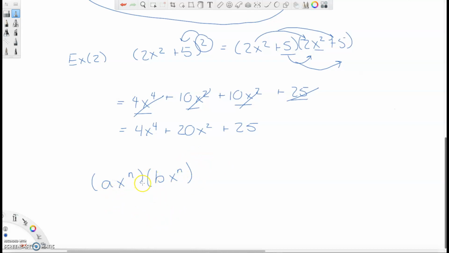They can be 2, they can be 4, they can be anything you want. So when you write this multiplication out, you do it part by part. First thing I'm going to do is write a times b. After that, I'm going to write my variable x, and then I'm going to add the exponents, n plus n.